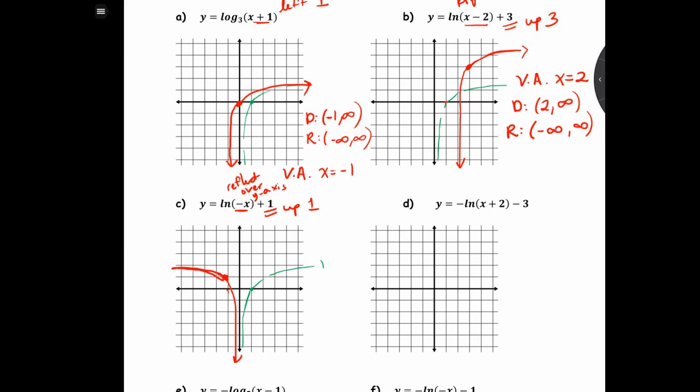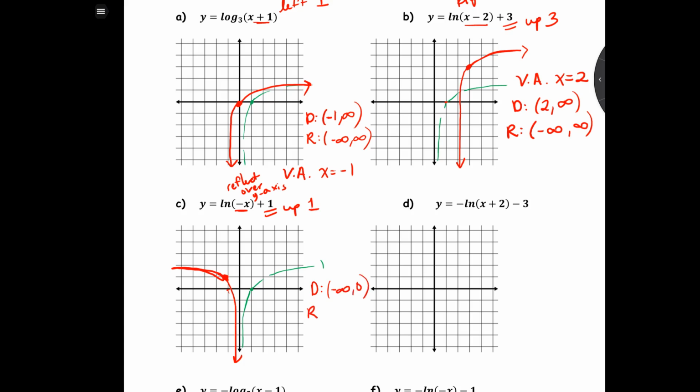If you're wondering when your vertical asymptote will change, it changes based off of your left or right shifts. If you have no left or right shift, then your vertical asymptote will not change. What would be the domain of letter C? -infinity to 0.